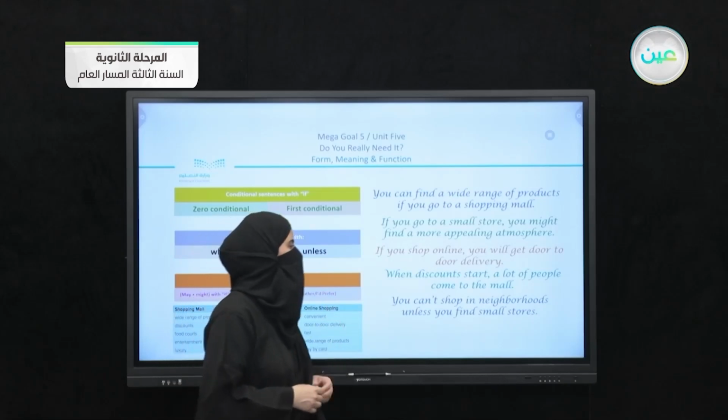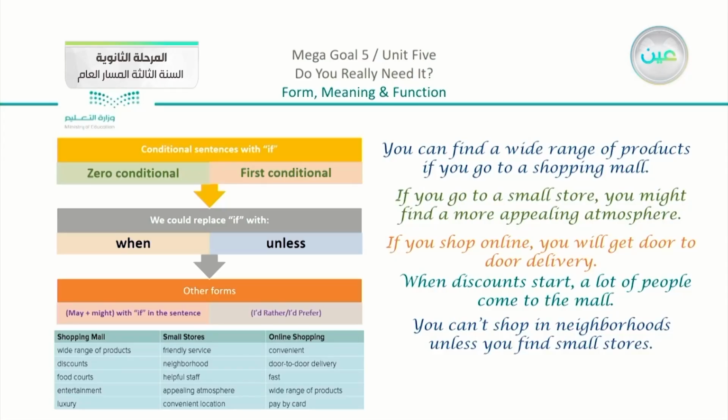And the last sentence that we have here: you can't shop in neighborhoods unless you find small stores. So you can see that we used unless in the sentence because there is a negative meaning. You can't shop. We have the very last sentence. You can see that we have here, if you pay by card, you may shop online.